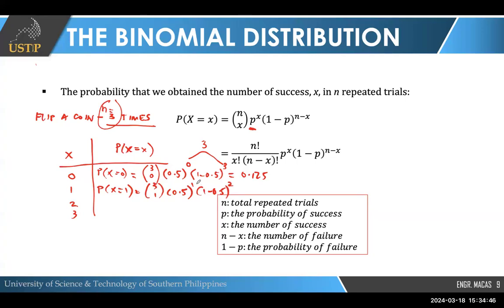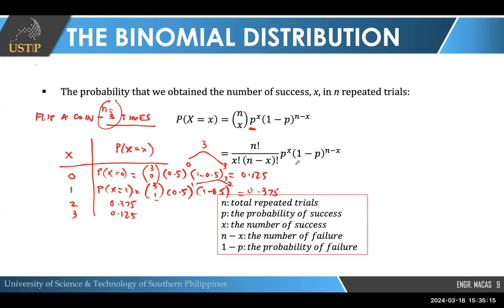So make sure nga ilisan pud nimo. And that will be 3/8 or 0.375. Ako na lang diretsuhan. I think this is 0.375 and then this will be 0.125.